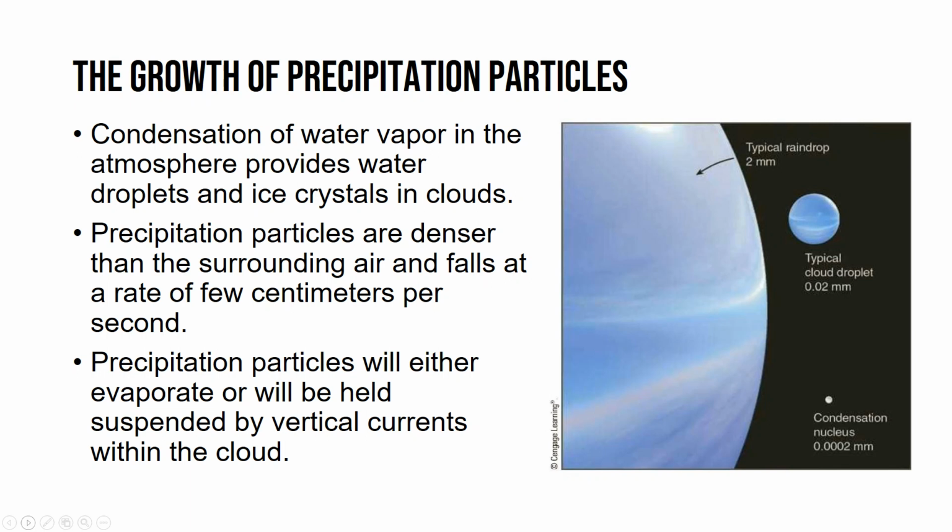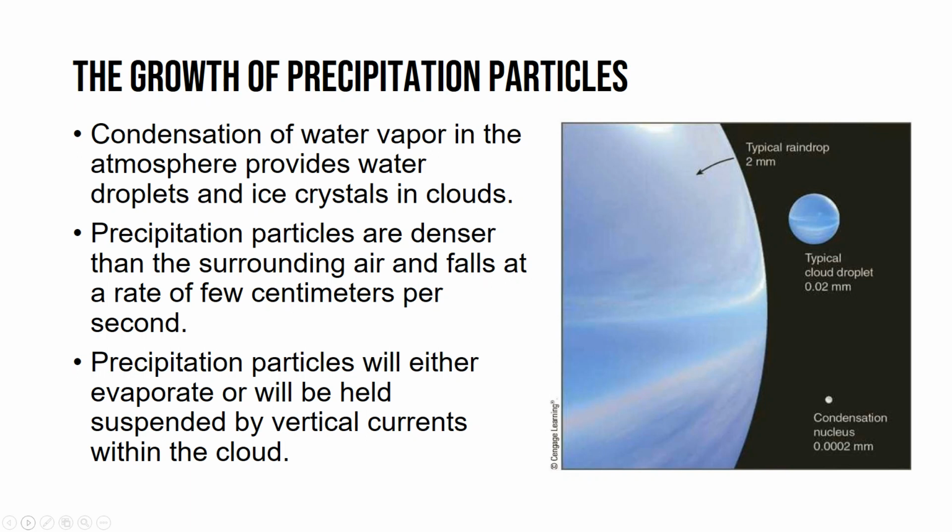First, we know that condensation of water vapor in the atmosphere provides water droplets and ice crystals in clouds. These precipitation particles are denser than the surrounding air and fall at a rate of a few centimeters per second. They will either evaporate or be held suspended by vertical currents within the cloud.